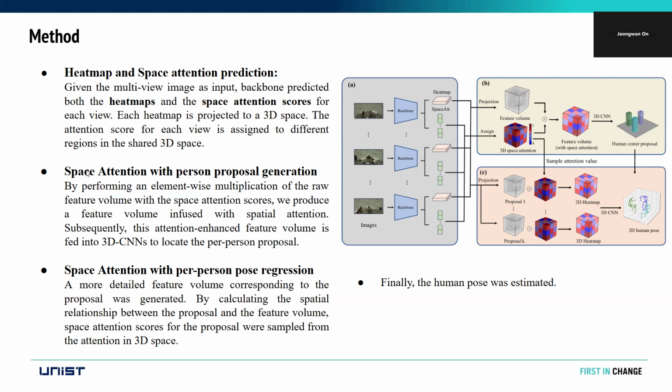For the space attention with per-person proposal generation component, they perform element-wise multiplication of the feature volume with the 3D attention score to infuse the attention score into the feature volume, and then through the 3D convolutional neural network, they can locate the per-person proposals.